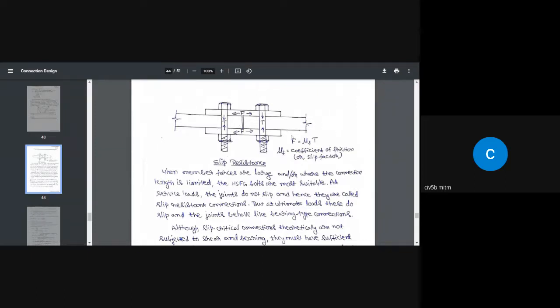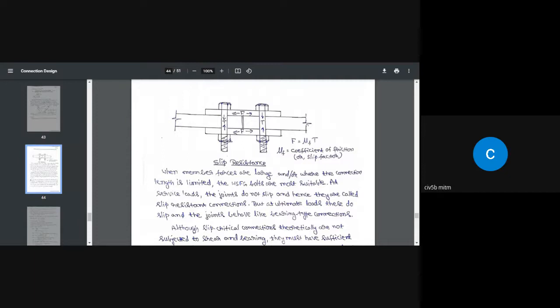if you apply force from outside, it may be compressive force or tensile force. That tension in the bolt is going to create a frictional force F, which is given by mu F multiplied by T, where T is the tensile force you applied to the bolt and mu F is the coefficient of friction between the surface of the main plate and the cover plate.